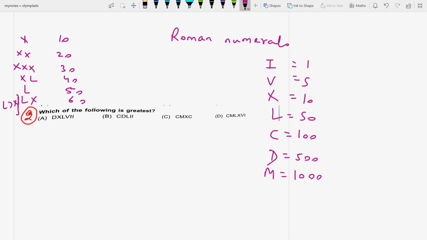Okay, now let me do a few corrections. Which of the following is greatest? Write down the numbers. D is 500. X is 10. L is 50. VII is related to 7.